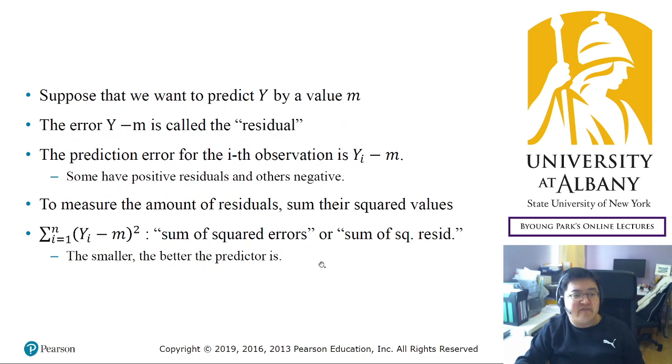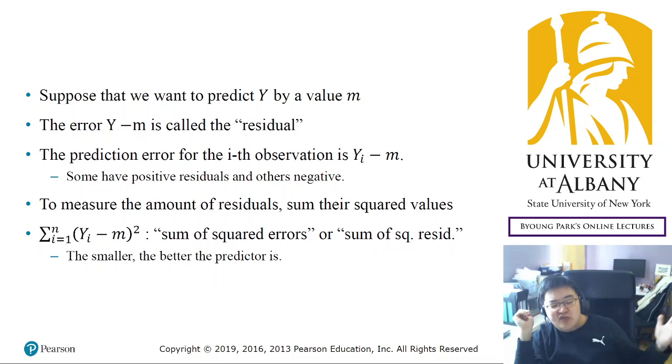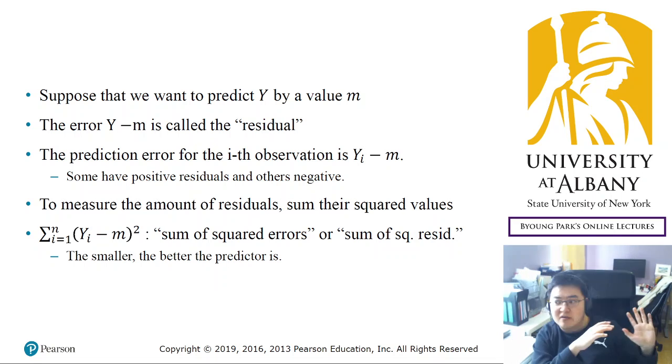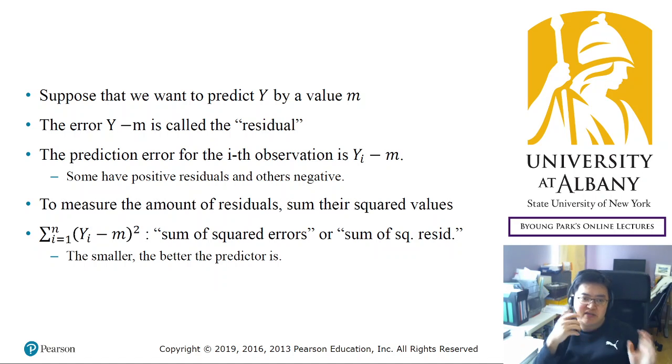Here we have another. We are going to justify y bar in a different way. Now consider this problem. Instead of estimating, consider that we are predicting the value of y by a value m. So before drawing the random number, we are going to predict the value.